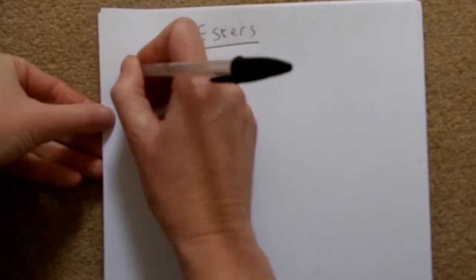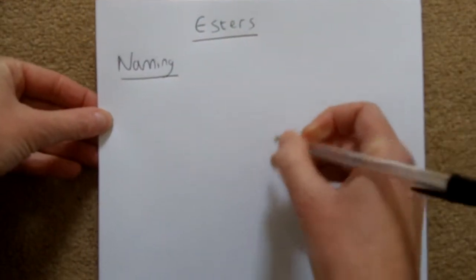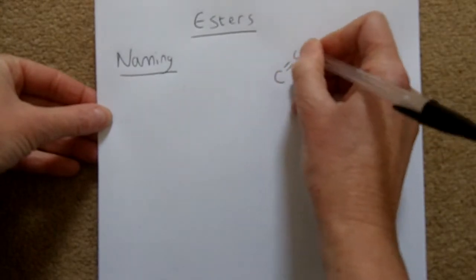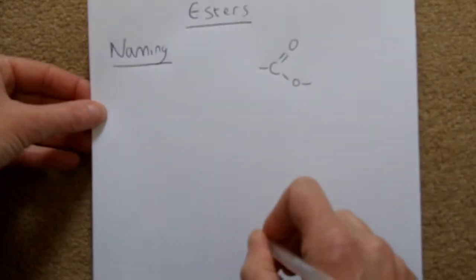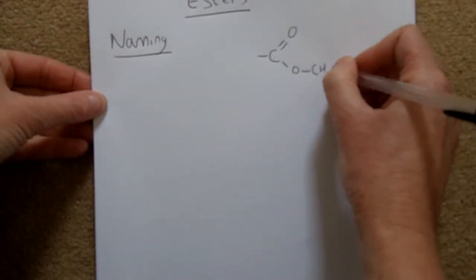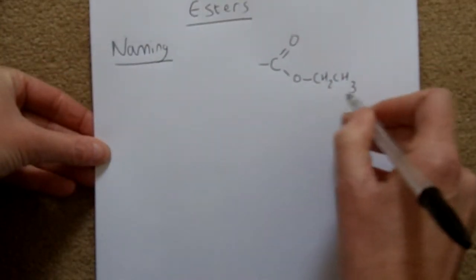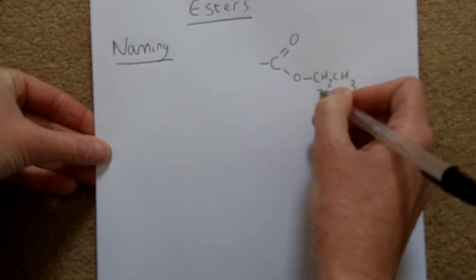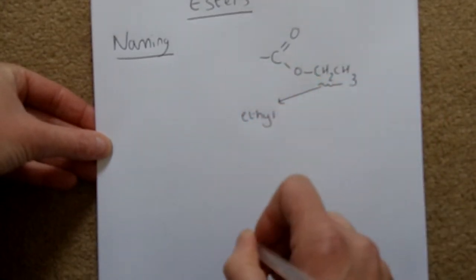Esters. So first, naming esters. If you have the ester functional group, say we have 2 carbons on this side, that bit there is called ethyl. 2 carbons is ethyl.